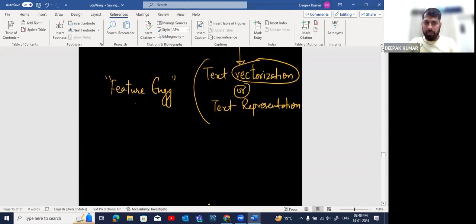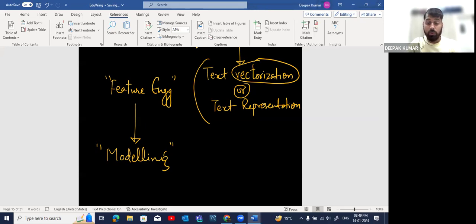After feature engineering is done, the machine has received the input in the form of numbers. Now the time has started to learn from the data, and learning from the data implies modeling.